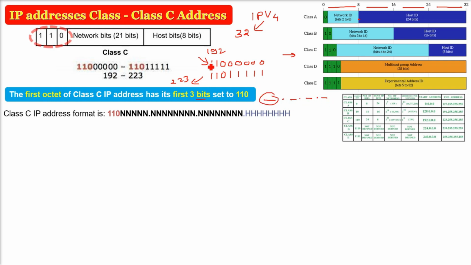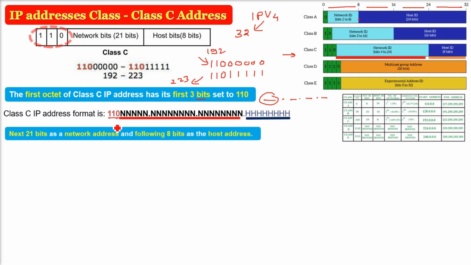If the first octet of the IP address is between 192 and 223 inclusive, then we can say this is a class C address. So this 110 is fixed. Now the first 3 octets, that is 24 bits, minus the 3 fixed, so 21 bits are remaining.